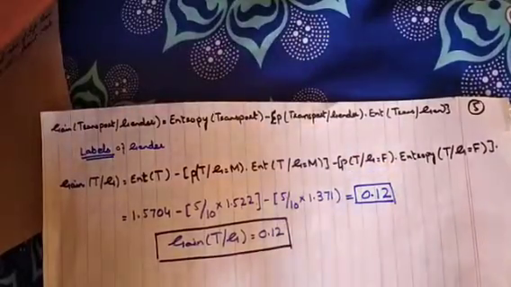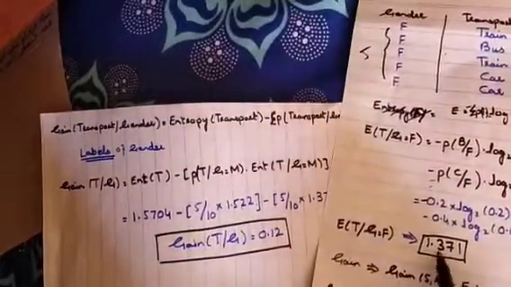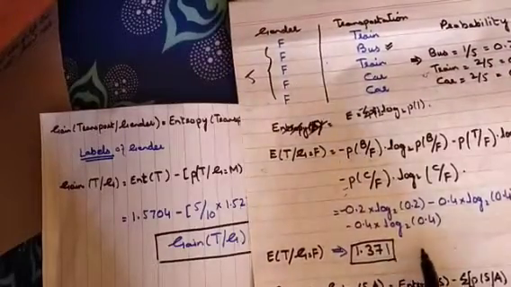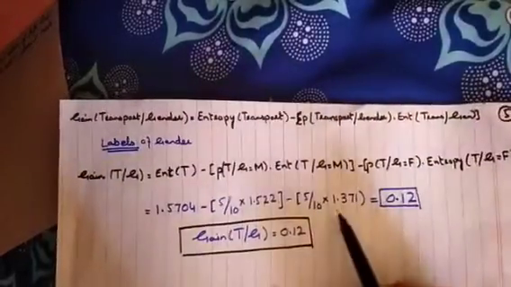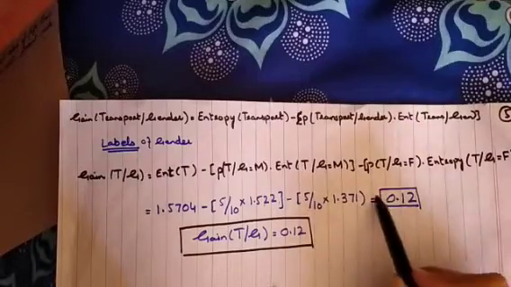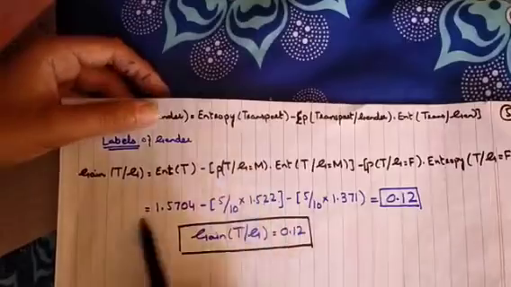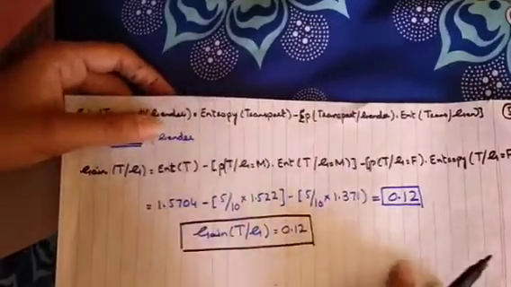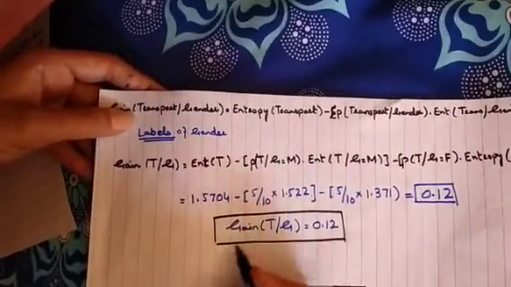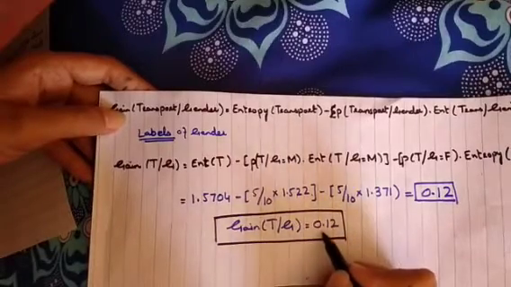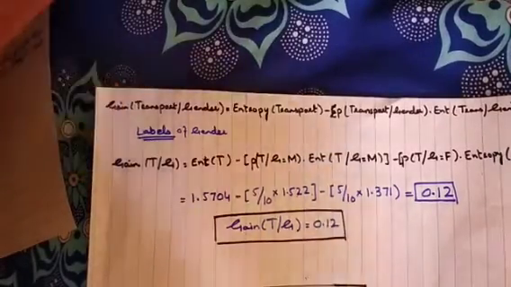So female gender के लिए जो हमने entropy calculate की थी, which was 1.371. So here it is 1.371, and that will lead to 0.12 if I calculate all of these values. Okay, so the information gain of transport given that the attribute is gender is 0.12.